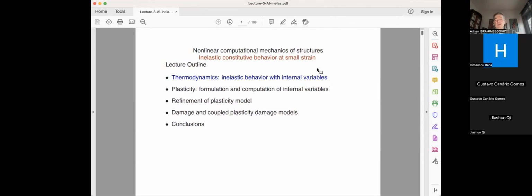Well, it turns out if you really want to have a more comprehensive behavior description, in particular, what really characterizes the inelastic behavior is the notion of dissipation. In other words, in the elastic behavior, all the work of the external forces eventually can be used to store into the internal energy of the material.